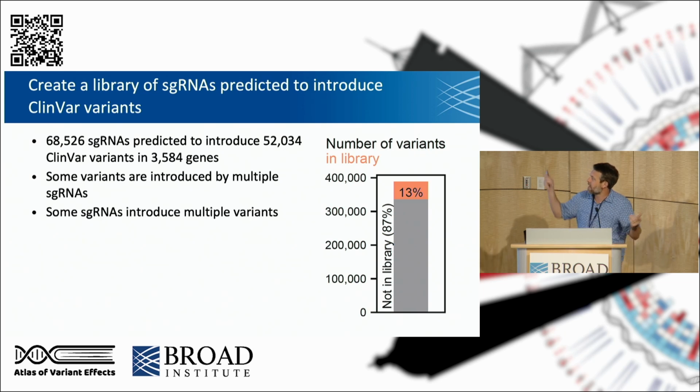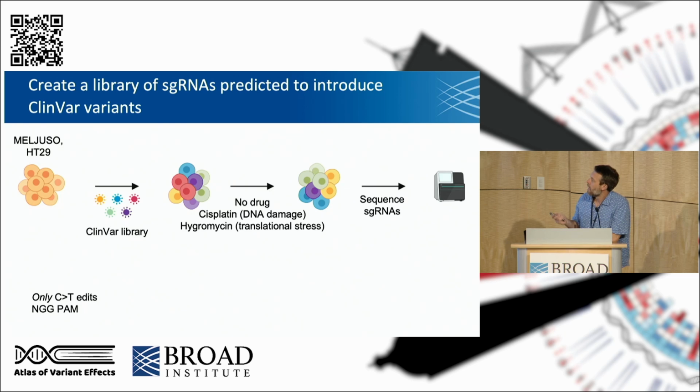And you can design, in this case, 68,526 guides that we thought would introduce a variant that was found in ClinVar. We did a couple screens with this in two different cell lines where we either subjected the cells to cisplatin to trigger DNA damage or hygromycin to trigger translational stress, and then we sequenced the guide RNAs.